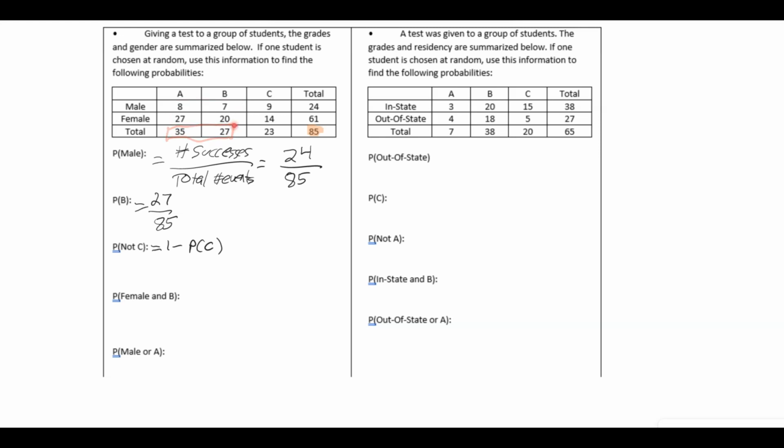So what that would look like, 35 and 27 is 62 out of the total of 85. Or we could do 1 minus the probability of getting a C, just one number, 23 out of 85. And you can verify that that gives you also 62 out of 85.